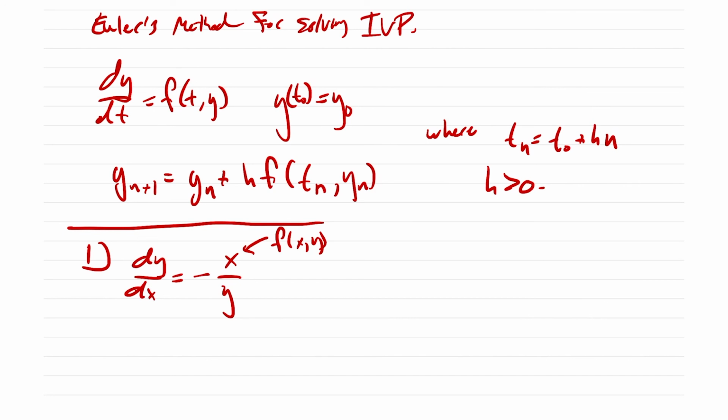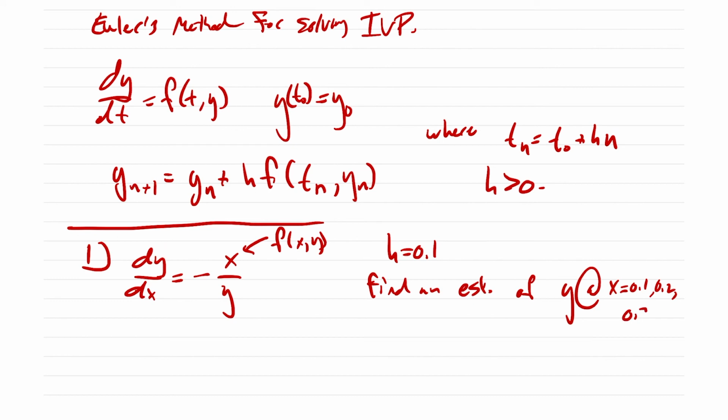So I'll do the first couple. Here h is equal to 0.1, and I'll find an estimate of y at x equals 0.1, 0.2, and let's see if we're brave enough for 0.3. I'm not sure if I will be, but let's do it.